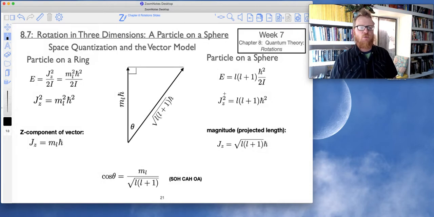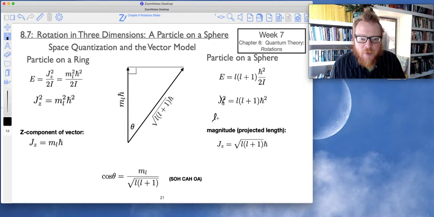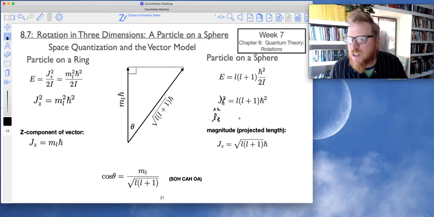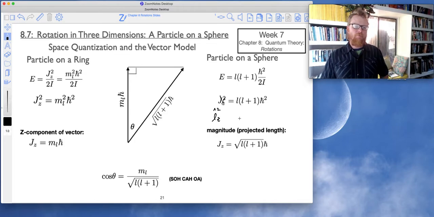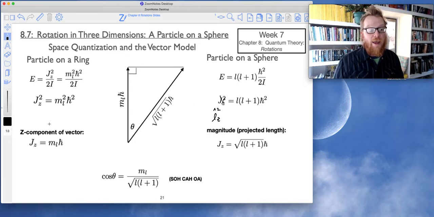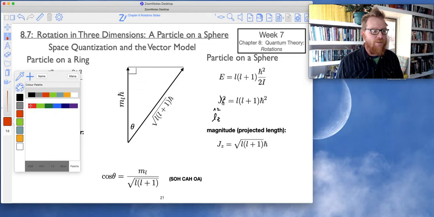All right, so I think this is where this gets really cool. Okay, so if, and I wrote here JZ squared, but really that's LZ operator squared, because it's the total magnitude. So if the Z component, the projected Z length, is mlh bar, and here let's make a coordinate system.